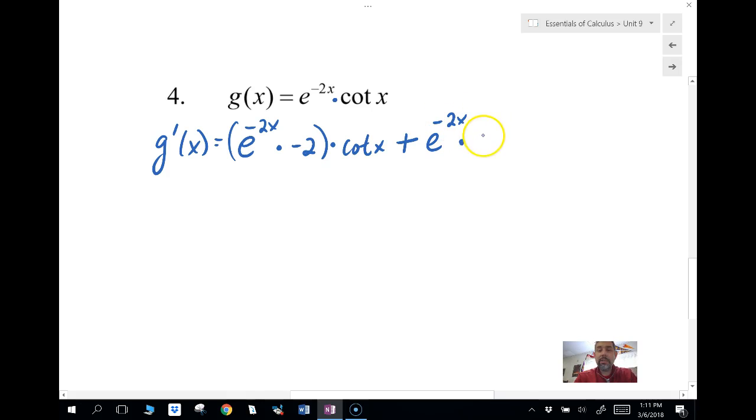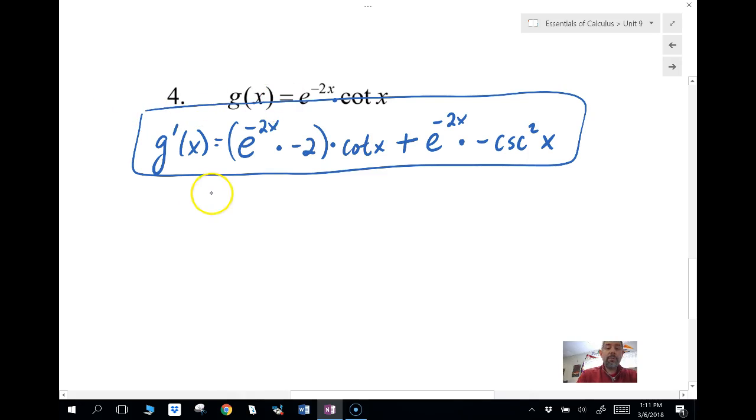The derivative of cotangent is negative cosecant squared. Don't forget, anytime you have a co, the derivative is going to be a negative. All right, and that looks good. I think I'll just leave it like that.